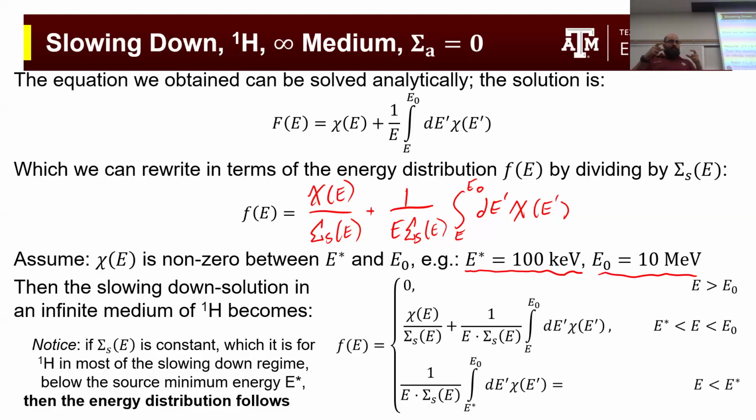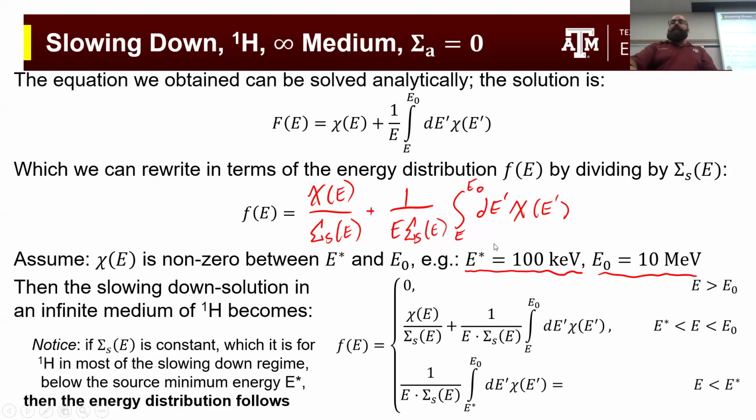But outside of that specific energy range, the chi of E is basically going to be zero. So if I consider energies above E0, no neutrons are born at energies above the cutoff. My energy distribution just looks like zero there because chi of E is zero and this integral would be zero outside of the range where it's defined.